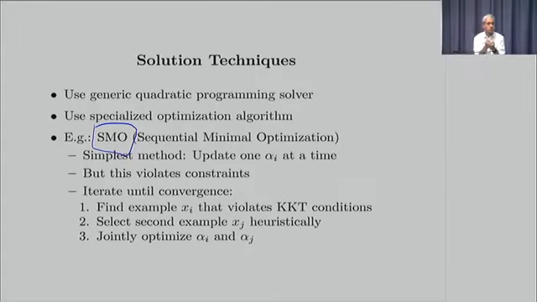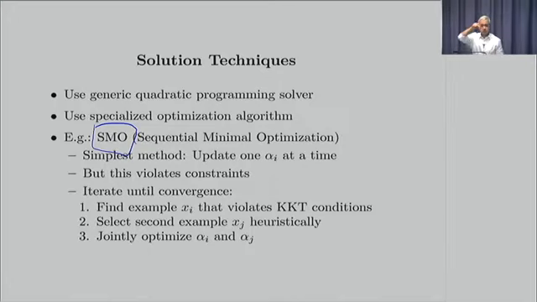And this is actually what the sequential minimal optimization algorithm does. It's really the simplest thing you could do. I'm going to pick an example to tweak the weight, pick another example, and tweak the two weights at the same time, keeping the other weights constant, such that I minimize my objective function while staying within the constraints. And it turns out for two weights, this can actually be solved in closed form.